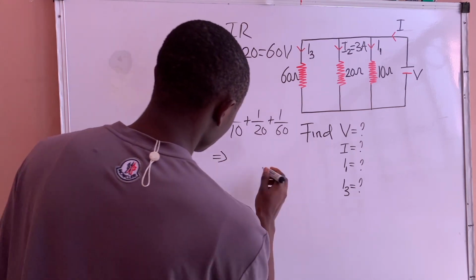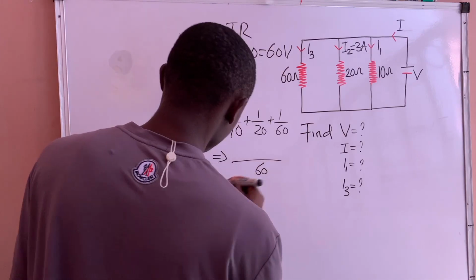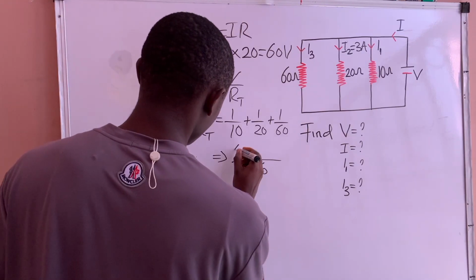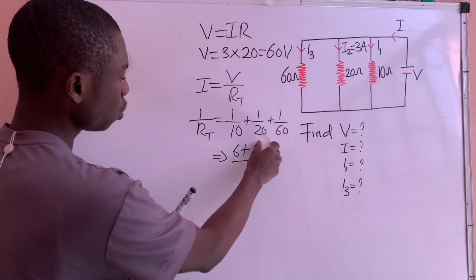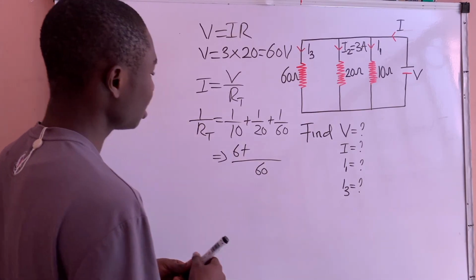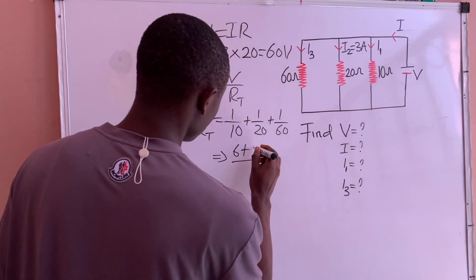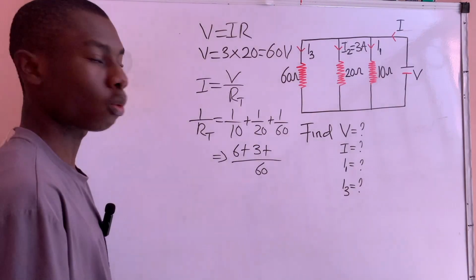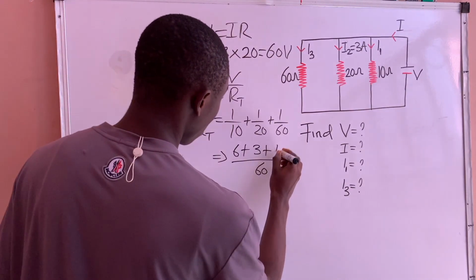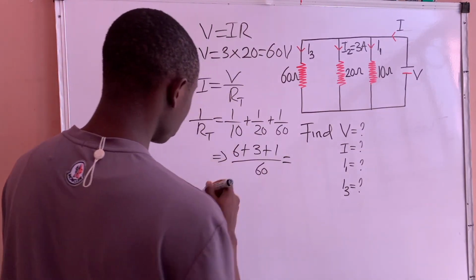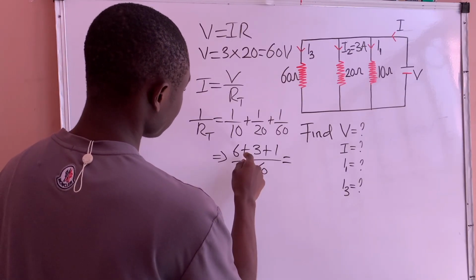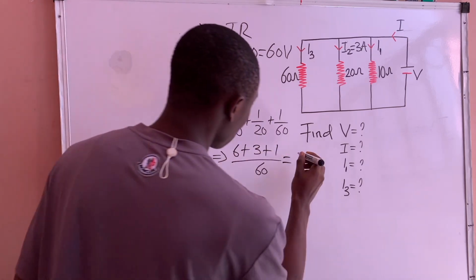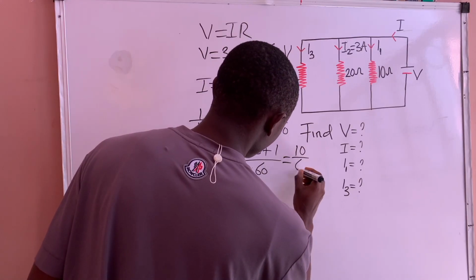The LCM here is 60. 10 goes into 60 six times, and 6 times 1 is 6, plus 20 goes into 60 three times, and 3 times 1 is 3, plus 60 goes into 60 one time, and 1 times 1 is 1. So we have 6 plus 3 plus 1 is 4, and 4 plus 6 is 10. So we have 10 over 60.